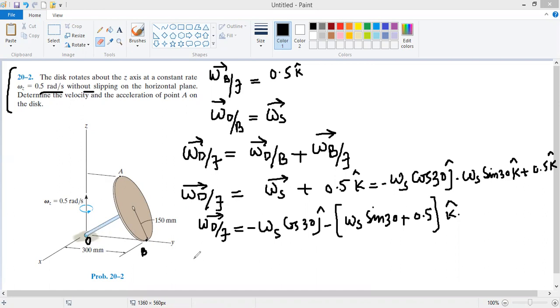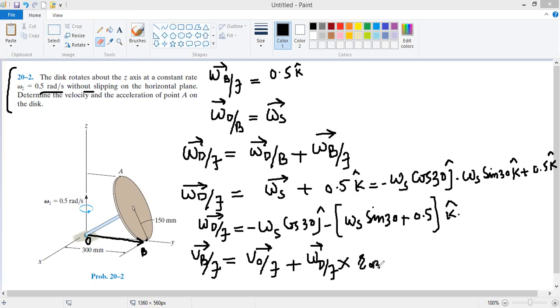This is something important: the velocity of point B with respect to the ground frame of reference, B being a point on the disk, is equal to the velocity of O with respect to the ground frame of reference, plus the angular velocity of the disk with respect to the ground frame of reference, omega d, cross product with the vector drawn from O to B, which has a magnitude of 300 mm and is along y cap. I will write this as ROB vector in simple terms.